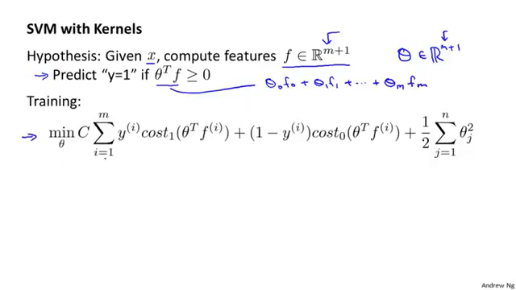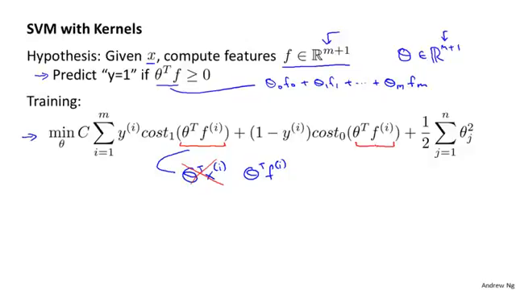You minimize over the parameters theta C times this cost function which we had before, only now instead of making predictions using theta transpose x i with our original features x i, we've taken the features x i and replaced them with the new features, so we're using theta transpose f i to make a prediction on the i-th training example, and we see that in both places here. And it's by solving this minimization problem that you get the parameters for your support vector machine.